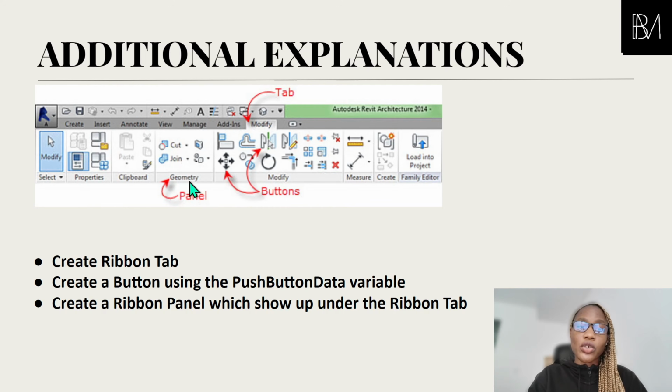So you have like a Geometry panel that has Cut and Join, you have a Modify panel that has Move and all these other buttons. So in terms of hierarchy, we want to first create a tab and then a panel and then the buttons inside the panel. Keeping this in mind is going to make it a lot easier to understand the code when we dive into Visual Studio, because we're going to be creating these three different elements and they're going to be deriving information from each other.